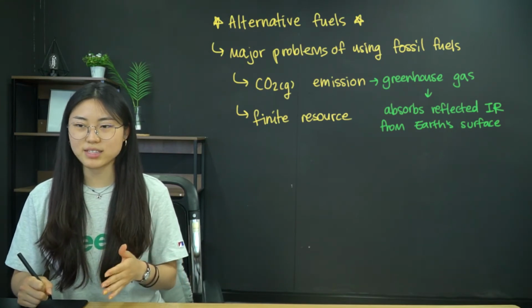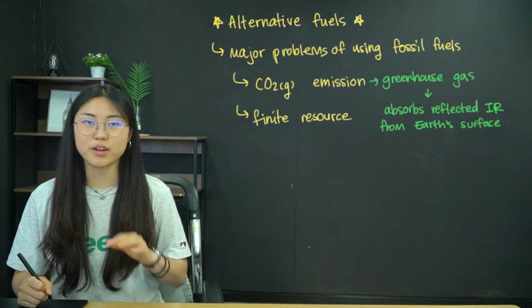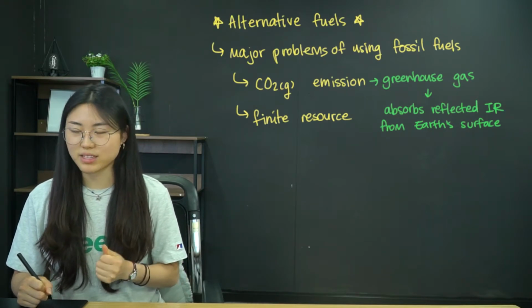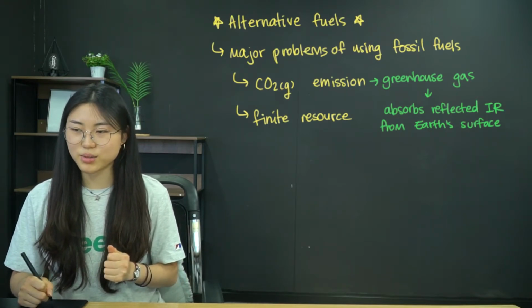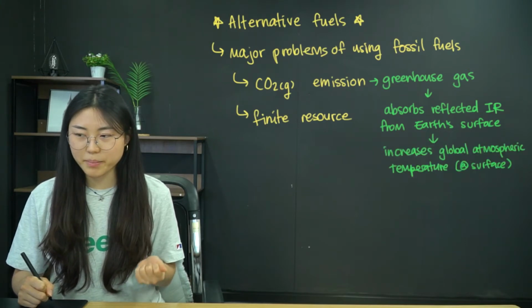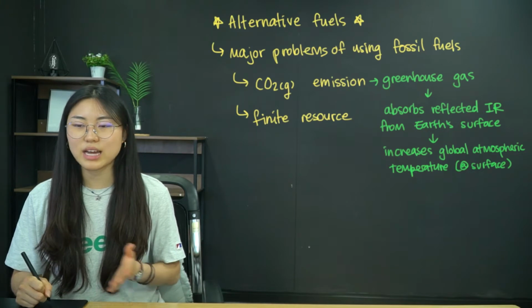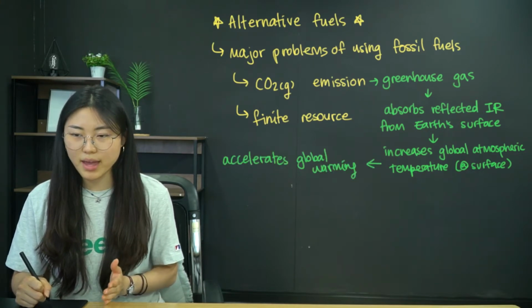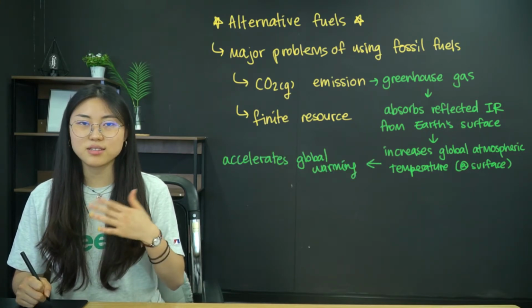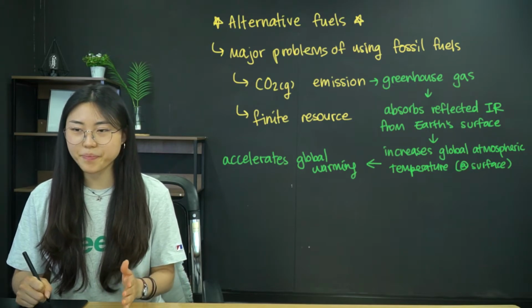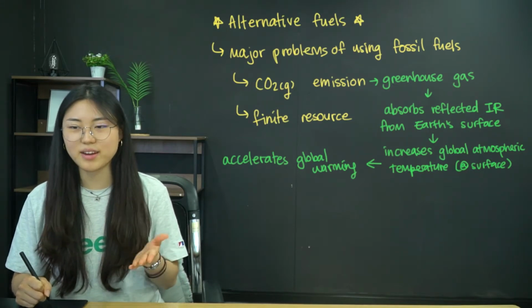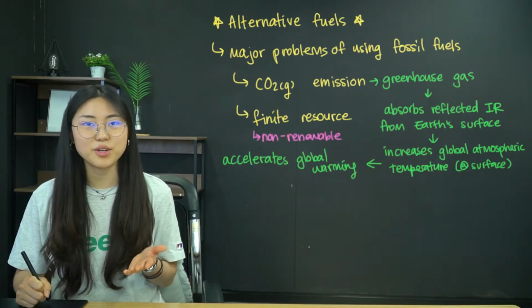But the greenhouse gases inside our atmosphere absorb those reflected rays, and that increases the global atmospheric temperature at the surface of the Earth, and that accelerates global warming and obviously causes climate change.